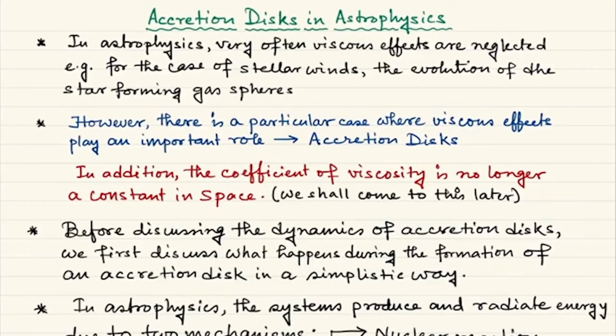I want to emphasize that in astrophysics, very often viscous effects are neglected. Although we started discussing different astrophysical examples after deriving the real fluid equations, which include different types of transfers, you can actually see that very often viscous effects are neglected in astrophysical problems.